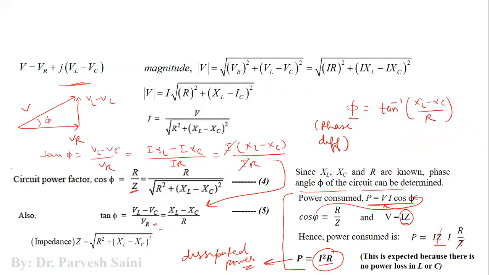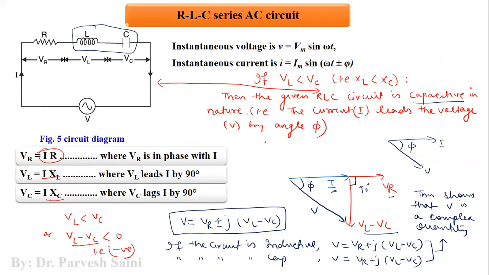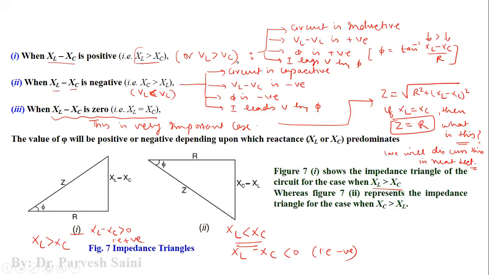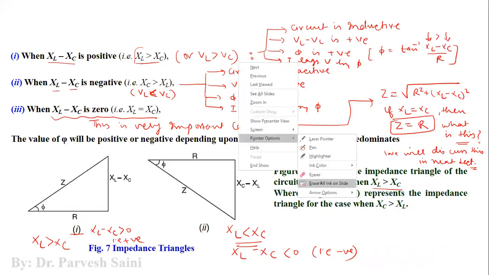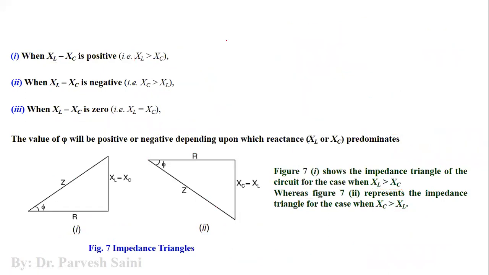This can be drawn from the voltage triangle also. As you can see in this voltage triangle for the inductive case, you have the resistance voltage, then the net voltage VL minus VC, and then the resultant voltage V and angle phi.